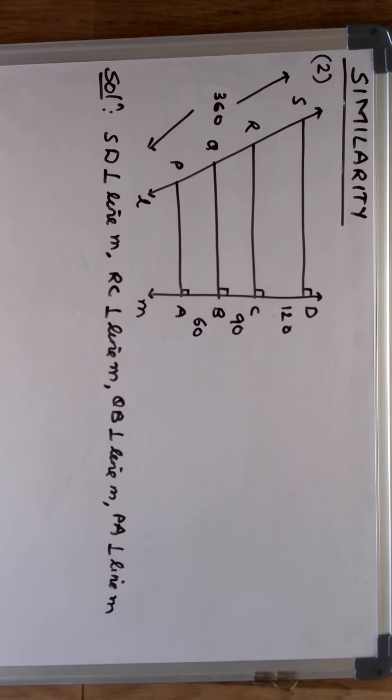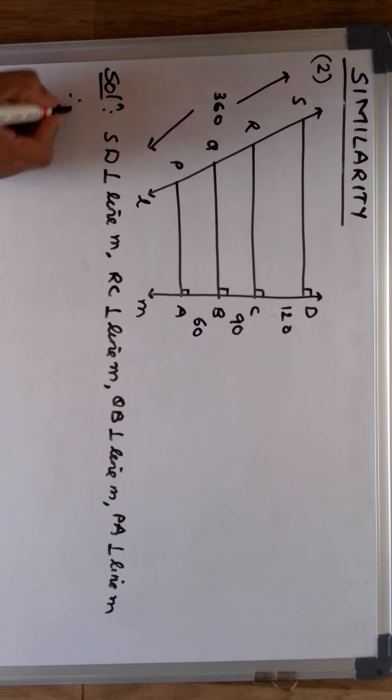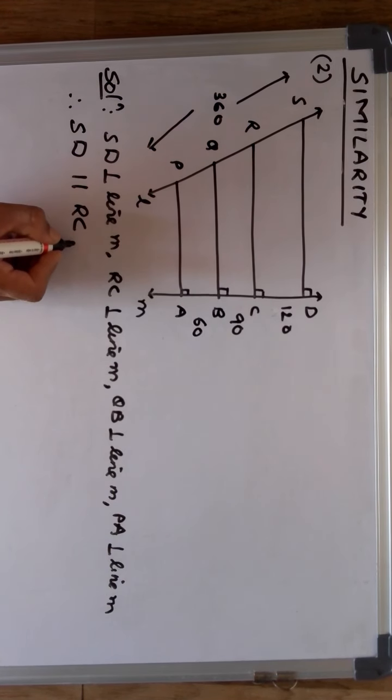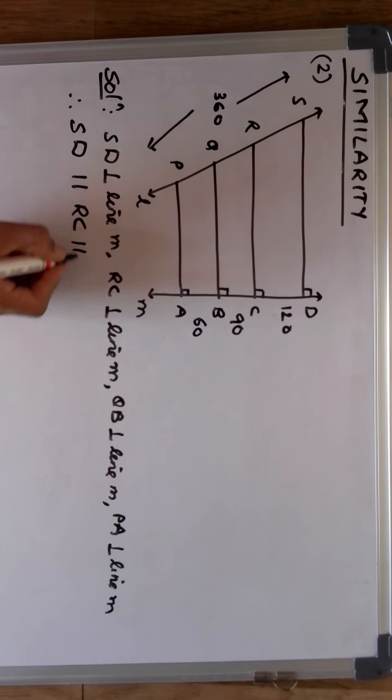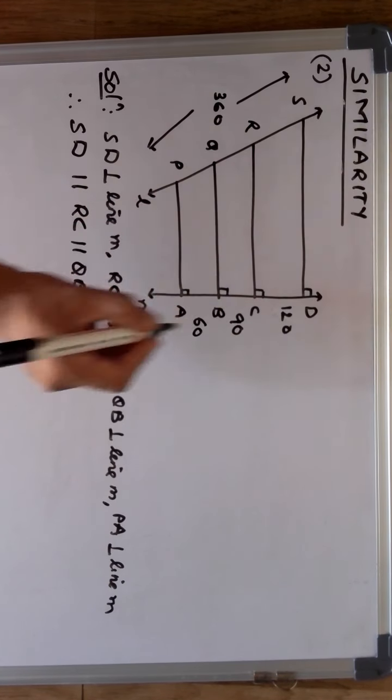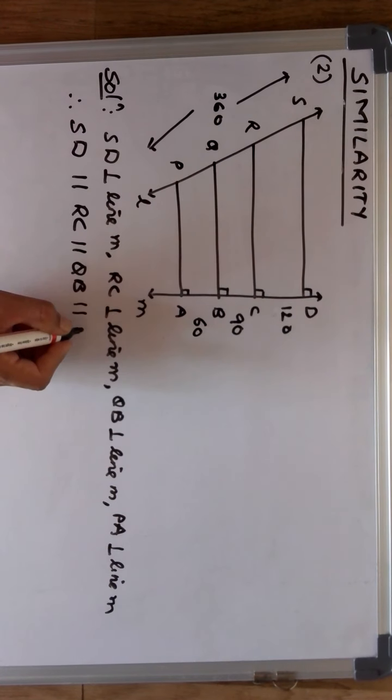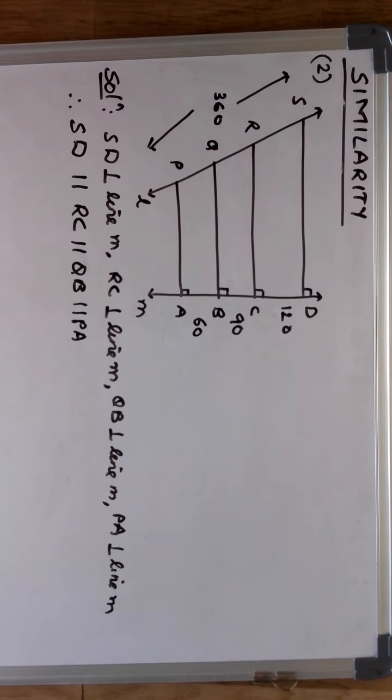Now they are not one and the same, so obviously they are parallel. So you will have SD parallel to RC, and RC parallel to QB, and QB parallel to PA. Agreed? Got it? ठीक है?